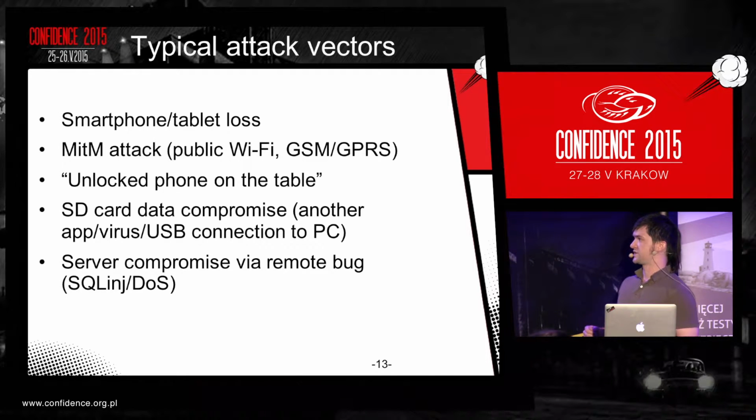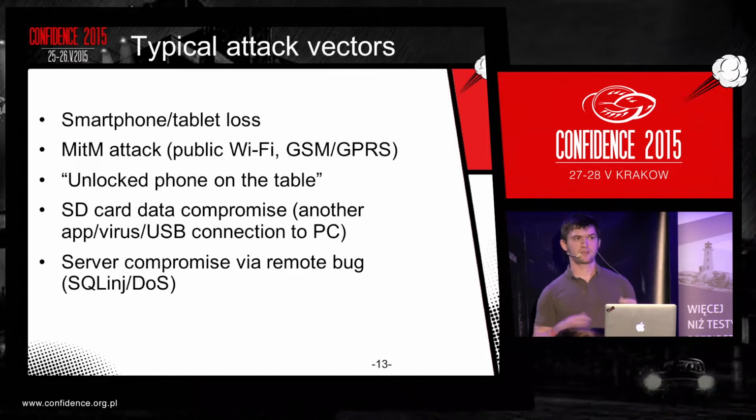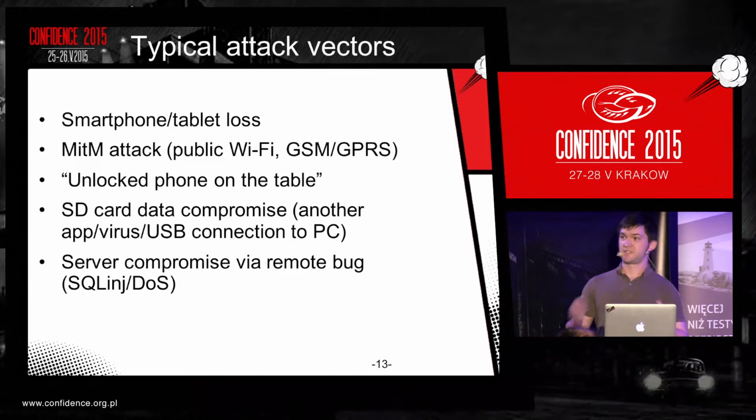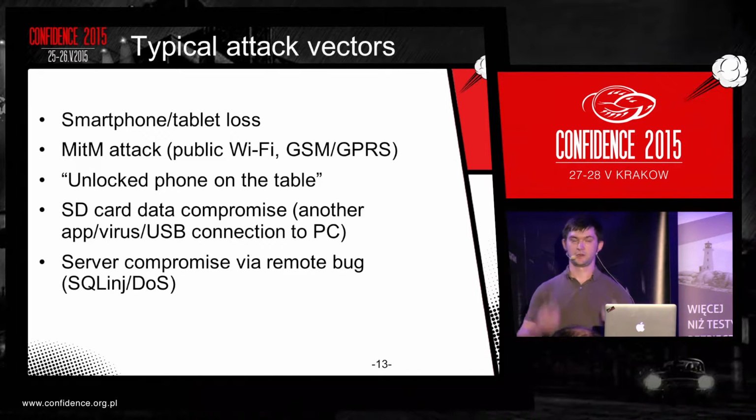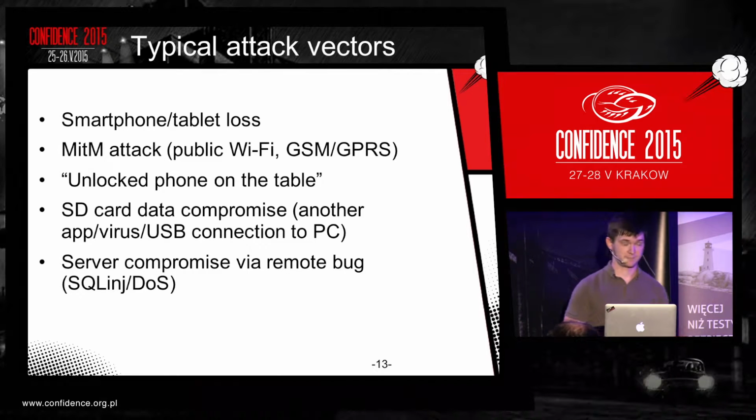Another problem is the unlocked phone on the table. It's clear that if someone sees that his phone was stolen or lost, he'll take some direct actions. For example, changing his logins and passwords, or if a SCADA application was installed, he will do it immediately.